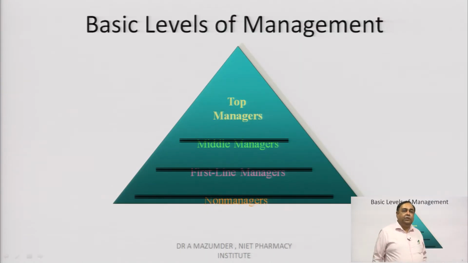This is the structure which we draw: the top level, middle level, and the first line managers, basically a structure of a pyramid. Whether it is a pharmaceutical sector, an automobile sector, a cosmetic sector, or an electronic sector, most organizations have this pyramidal structure in common.